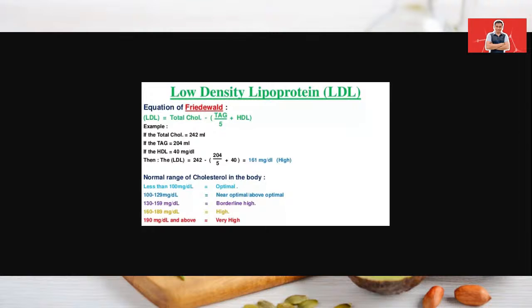The TG is 204 mg/dL. HDL is 40 mg/dL. And then yung LDL, para makuha yung LDL, total cholesterol plus ito siya na equation. So, dapat hindi ibigay yung LDL, para may pagod, mahaba pa ang pag-solve.